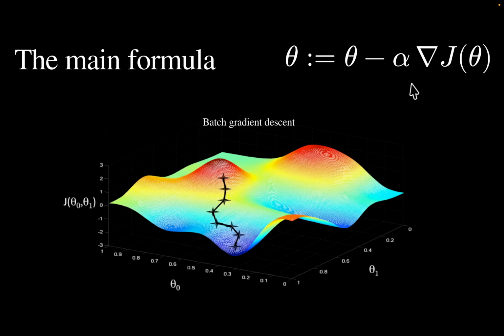That's why we use the gradient. With one step we would go here, here, here, here, until we are in the local or the global minimum.